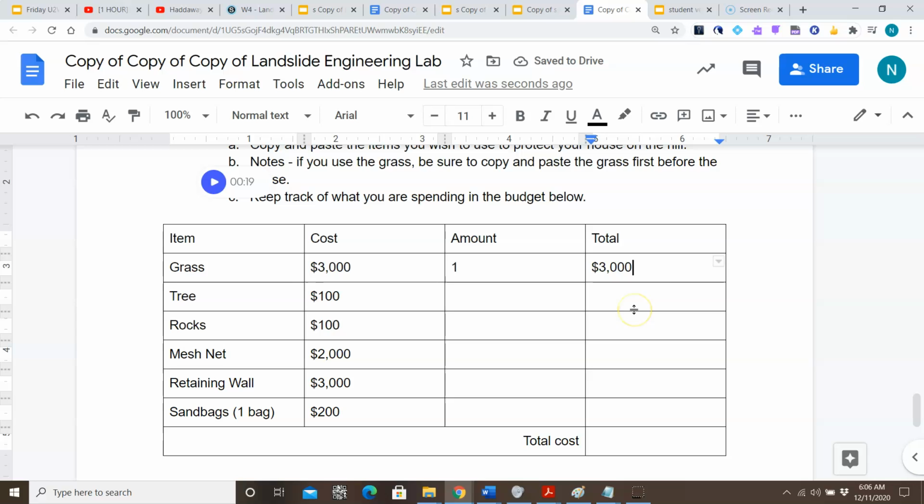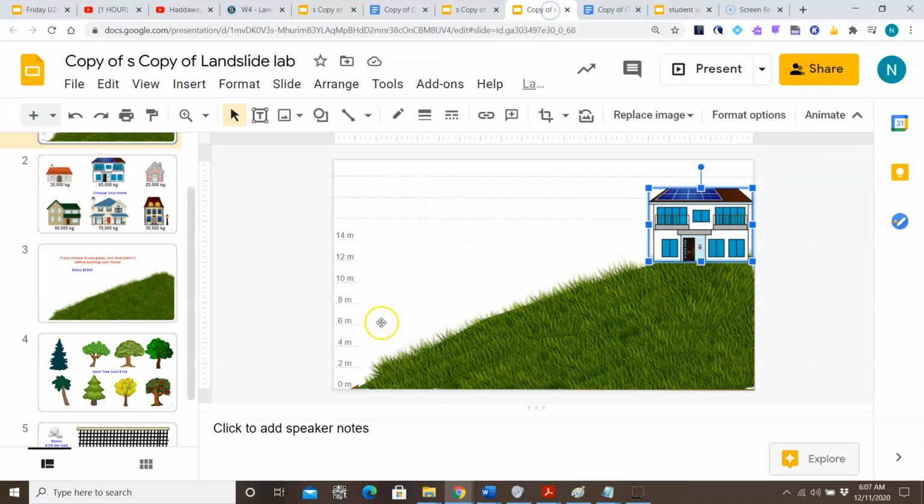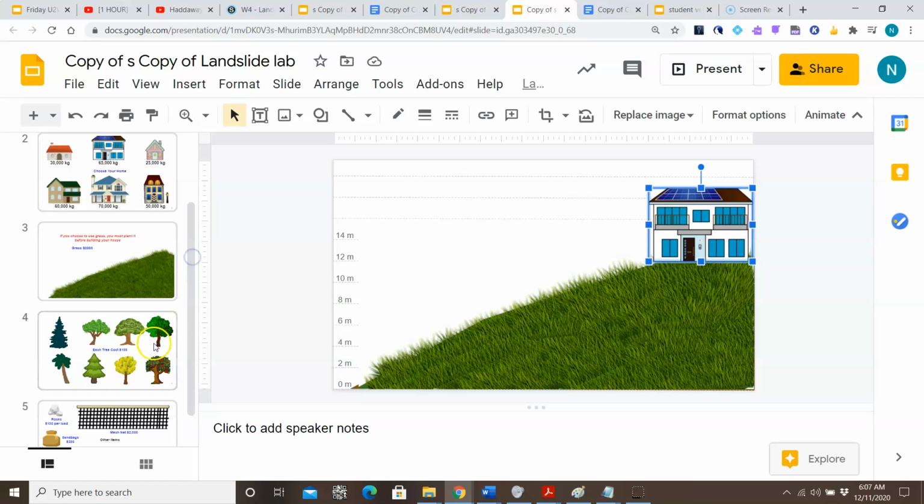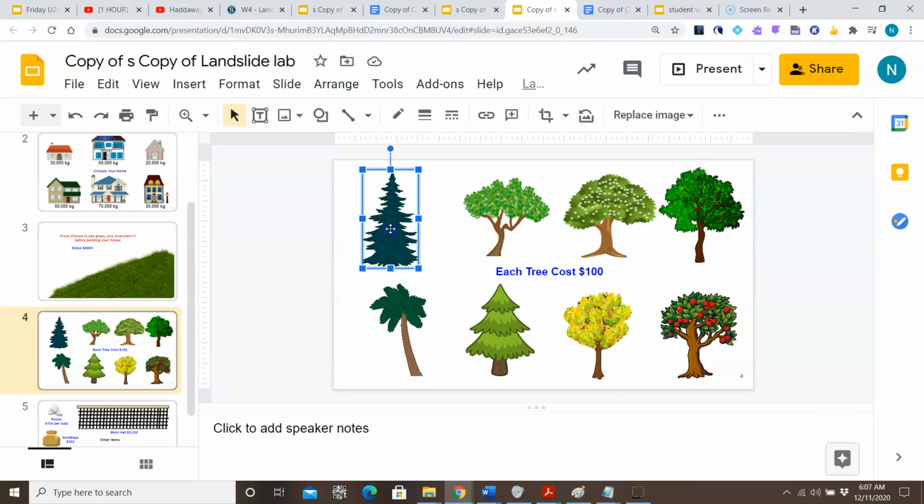Okay. I want to put some rocks and trees on. I think those are the things I want to use. I have $2,000 left, so I have enough money to get some. So I go back here, and let's say, for example, I like this pine tree, and I like this tree with flowers on it.